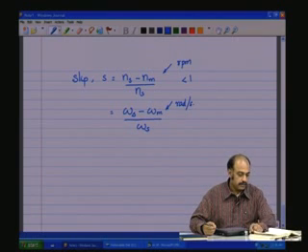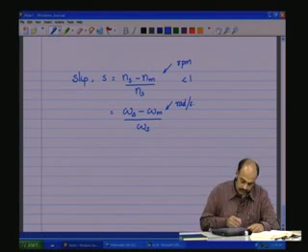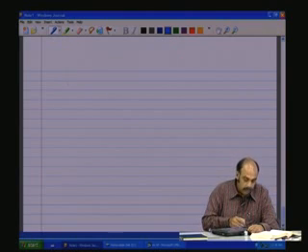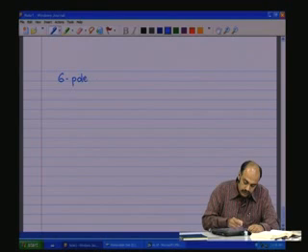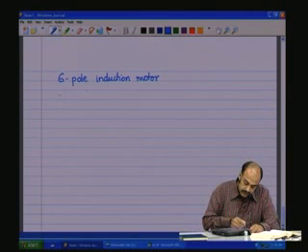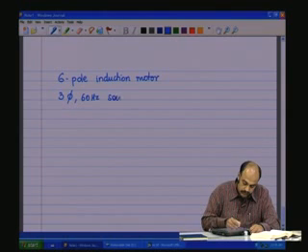Let us take a simple exercise on this from the book. We have a 6-pole induction motor, and this is excited by a 3-phase 60 Hertz source.